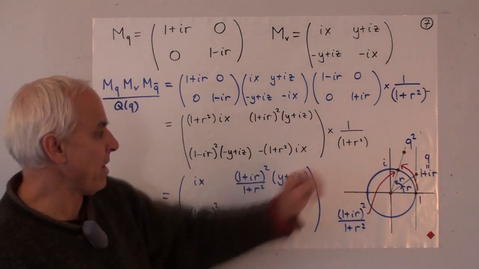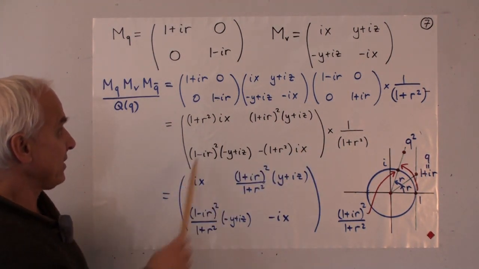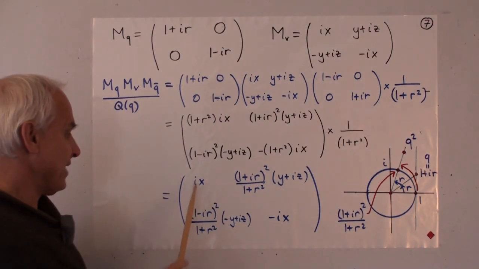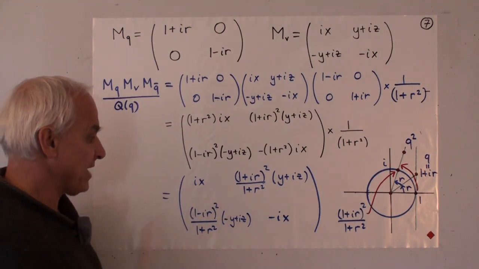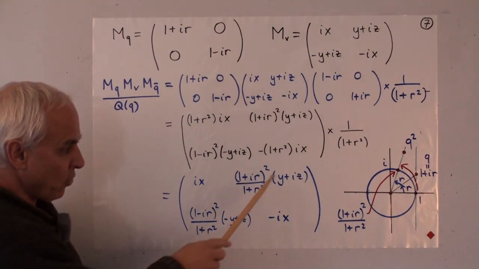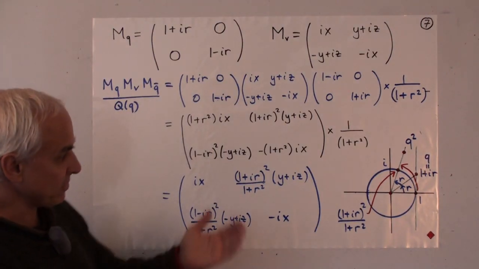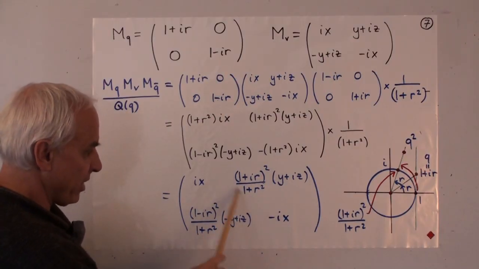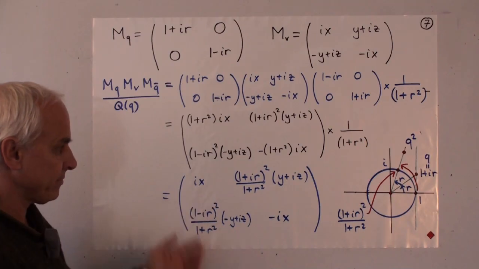Okay, and when we divide by 1 plus R squared, we get this as the formula, that this 3 vector ends up getting moved to this one here. The x coordinates haven't changed, but the y and the z coordinates have been changed by, in terms of complex numbers, they're just being multiplied by this quantity here, 1 plus IR squared over 1 plus R squared.